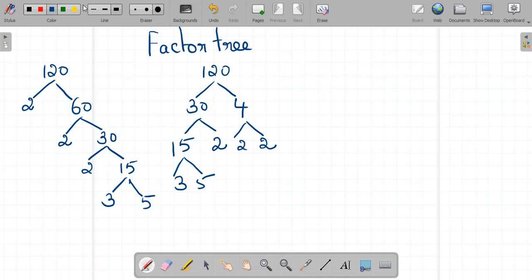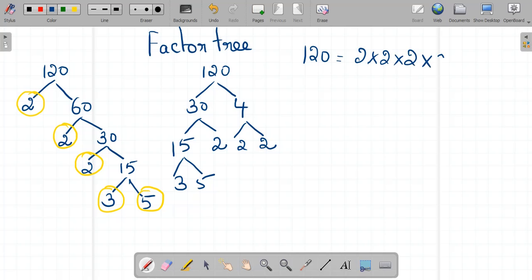So if you now count the factors, we have 2, 2, 2, 3 and 5. If I have to write 120 in terms of prime factors, I will say 2 into 2 into 2 into 3 into 5, which means 2 three times, followed by one 3 and one 5.